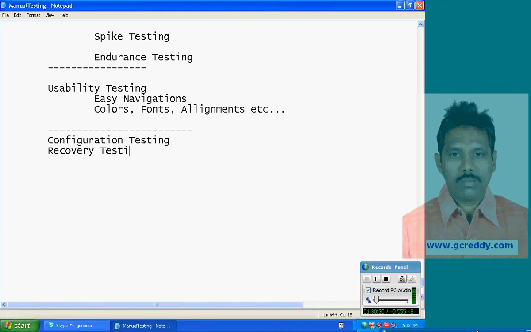Localization testing. Next, internationalization.